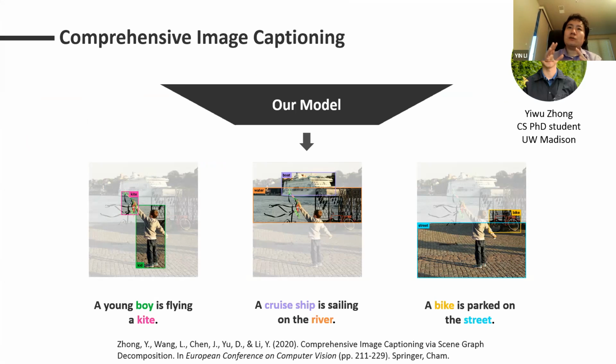Our model also has the capacity to take a set of regions as input and generate descriptions that are focused on these particular regions. So we have a single model that is able to deal with accurate captioning, diverse captioning, grounded captioning, and controllable captioning in one shot. That's why we call this comprehensive image captioning.